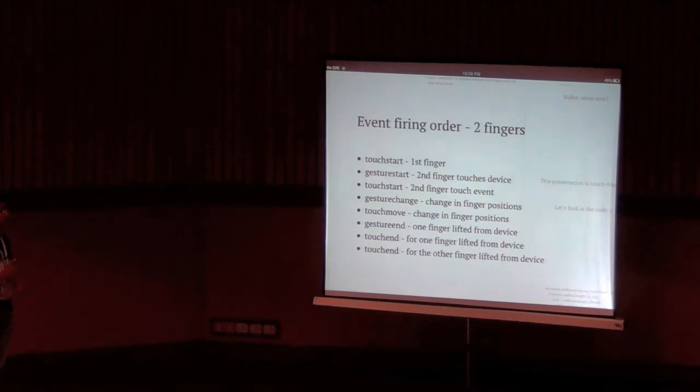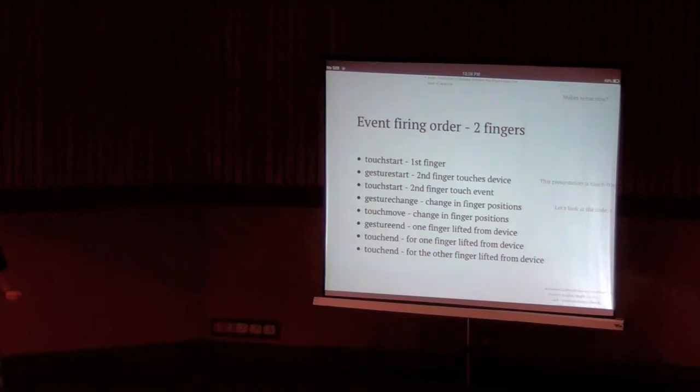If you want to capture a two finger swipe, you can completely ignore gesturestart or gesturechange. Then after touchstart, if you start pinch, zoom or rotate, you get a gesturechange event, and then the touchmove, which tells you that the fingers are moving and what their current positions are.